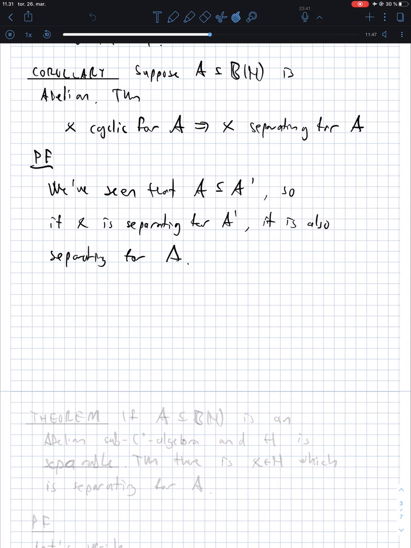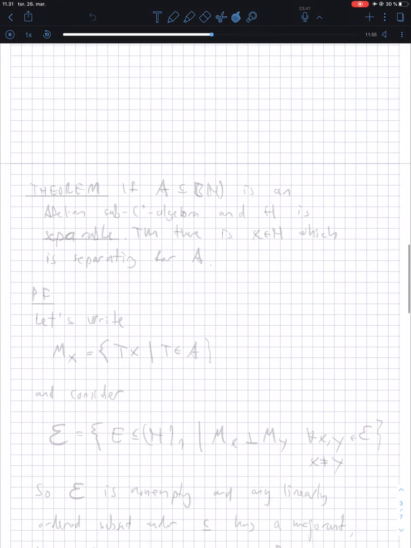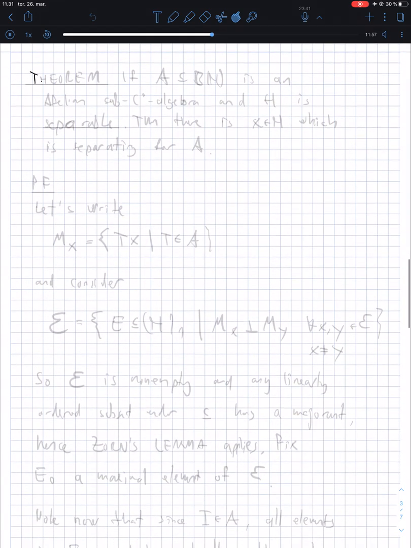And so we end up by proving a technical result that we will need a little bit down the road. I'll call it a theorem, which is sort of in this context.